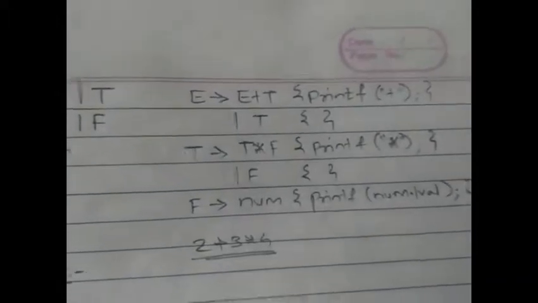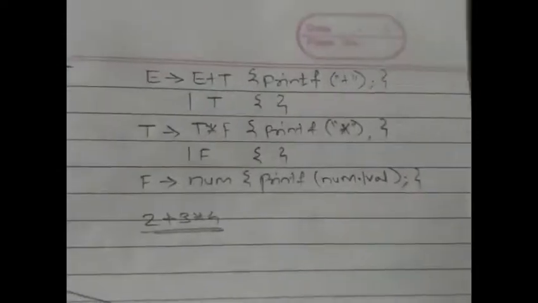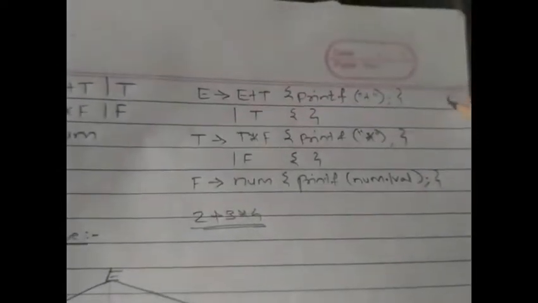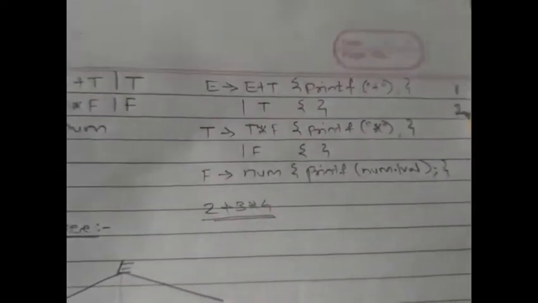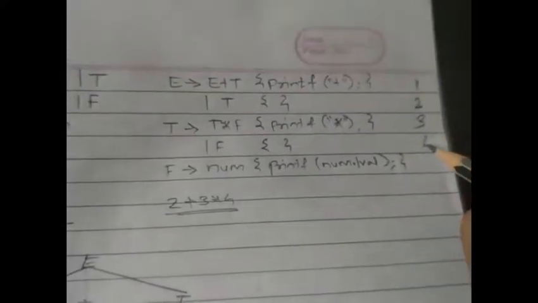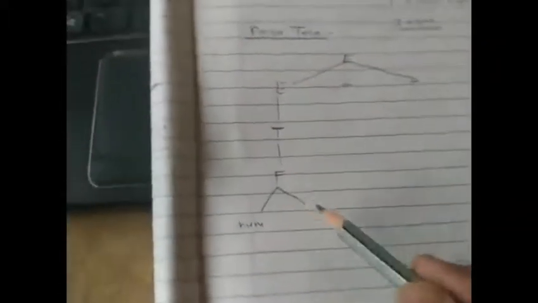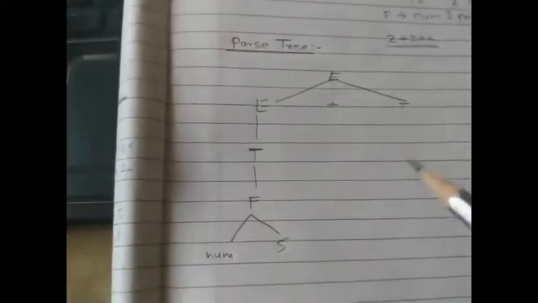So we will apply a number to each semantic action. I would say this is first, this is second, this is third, this is fourth, and this is fifth. So we'll apply the same semantic actions. So 5 will be num, and the semantic action associated is 5.